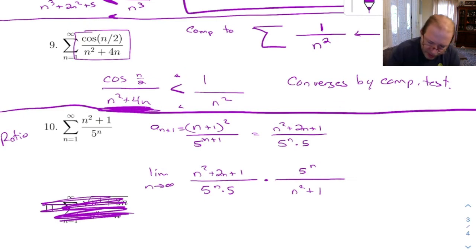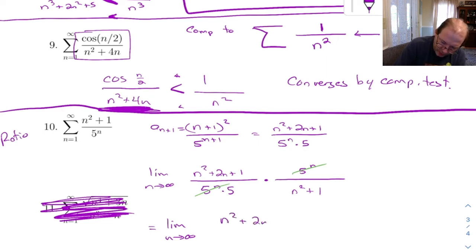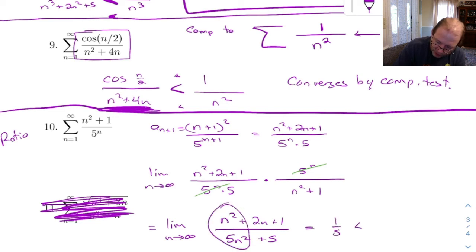And I can go ahead and cancel this and this. It's probably helpful to rewrite it, because on top I've got n squared plus 2n plus 1, and on bottom I've got 5n squared plus 5. Those are my dominant terms, so this is going to go to 1/5. That's less than 1. Therefore, by the ratio test, this is going to converge.